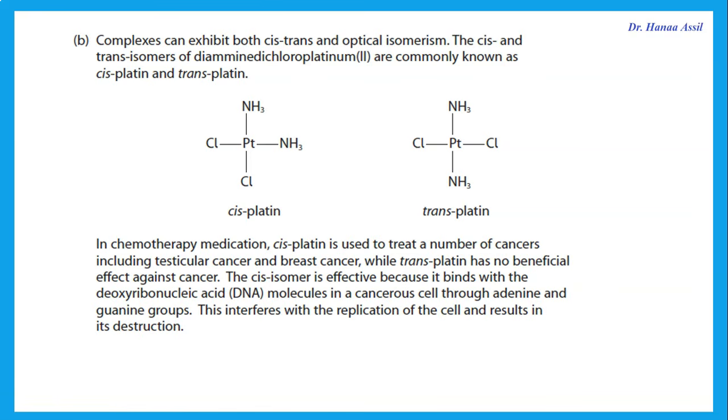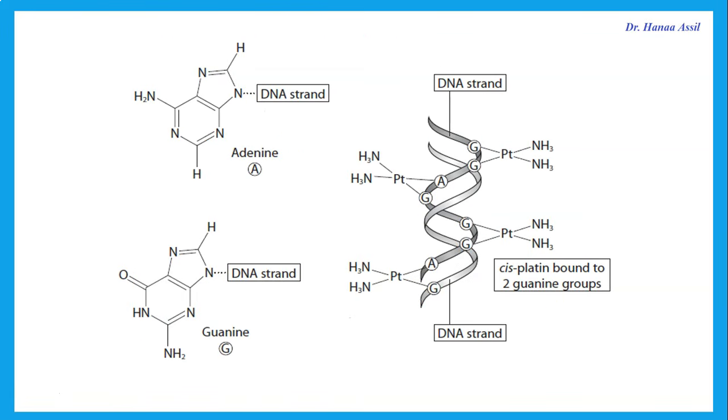So we know that cisplatin is the one that is used in chemotherapy medication, and this is because it binds to the DNA through adenine and guanine groups, and this stops the replication of the cells and results in its destruction, while the trans will not be able to do that. We have these diagrams that were given, the structure of adenine and the structure of guanine.